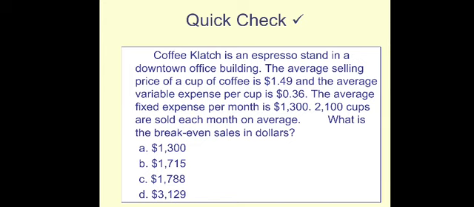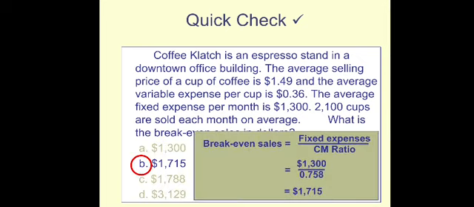And then the same scenario. The question asks here, what is the break-even sales in dollars? If the question asks you to calculate break-even point in terms of dollars of sales, the answer is calculated using the formula method also, because it is easy and straightforward. The formula is fixed cost divided by the CM ratio. The fixed cost in this question is 1,300.